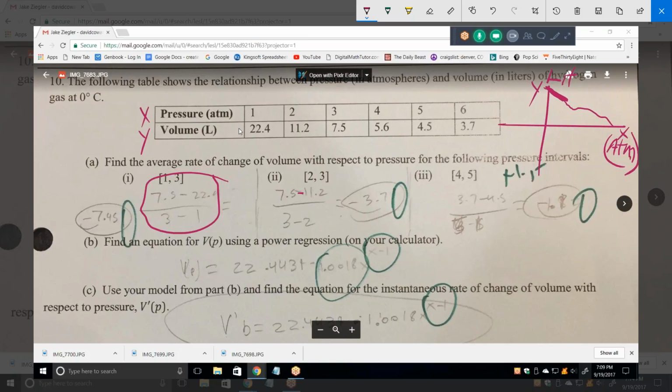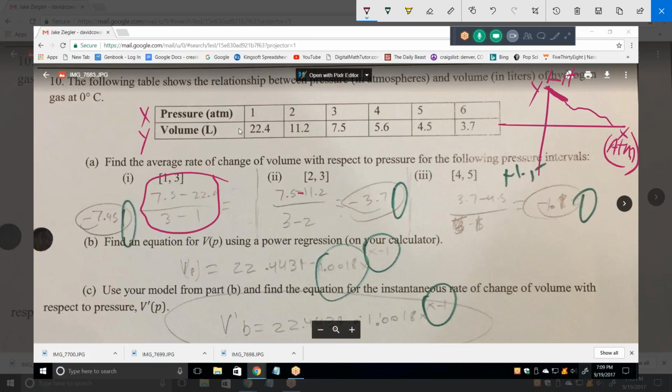Now, on row 1, under pressure, type 1, go down, type 2, go down, type 3, go down, type 4, go down, type 5, go down, type 6. Go back up to row 1 under volume. With me? Mm-hmm.